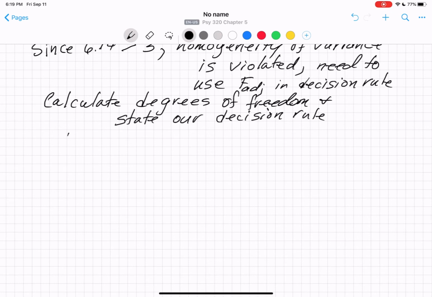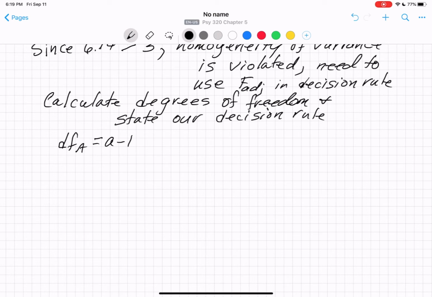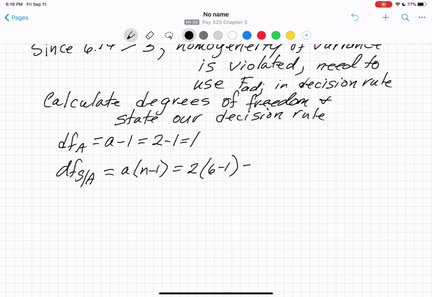So we want to do degrees of freedom for A. That's little a minus 1. We have 2 groups, minus 1 equals 1. Then degrees of freedom for S over A is A times n minus 1 in parentheses. So 2 times 6 minus 1, which is 2 times 5 equals 10.